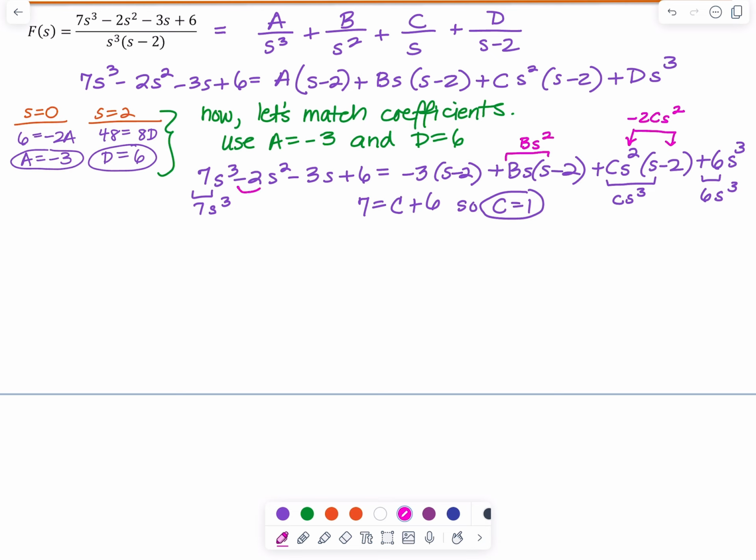We can write b minus 2c is equal to negative 2. And so, since c is equal to 1, we have b minus 2 is equal to negative 2, and we have b is equal to 0.